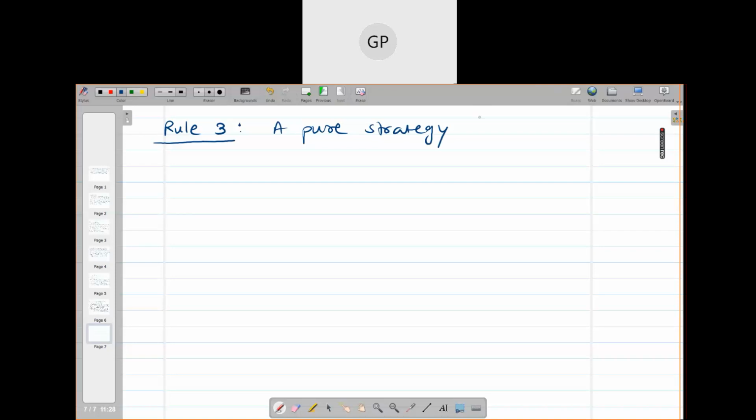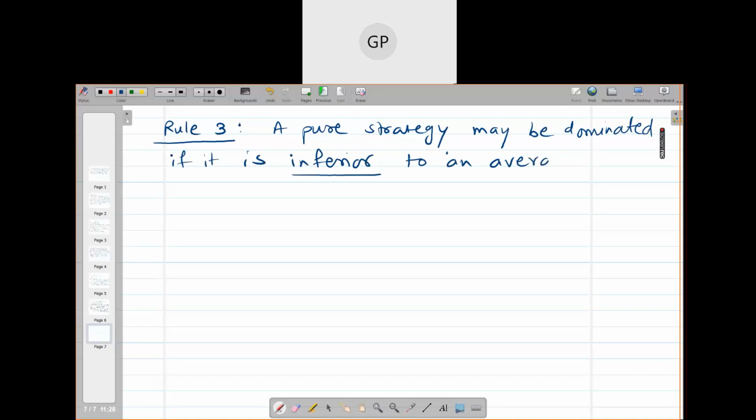A pure strategy may be dominated if it is inferior to an average of two or more other pure strategies.